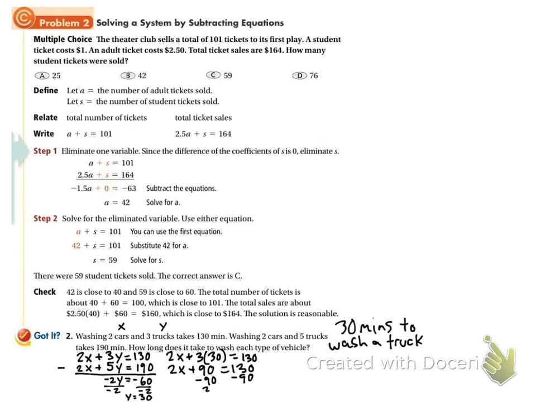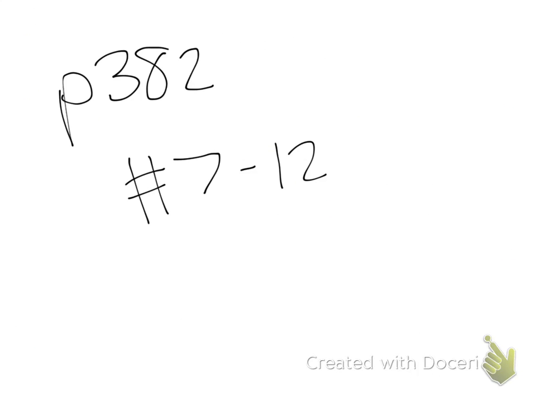We get that 2x is equal to 40. When we divide by 2, we get that x is equal to 20. So we said it takes 30 minutes to wash a truck, and it takes 20 minutes to wash a car. And there you go, there's your homework.